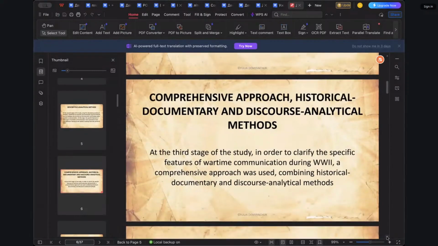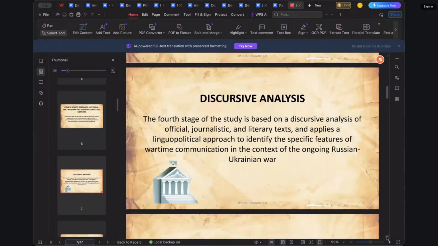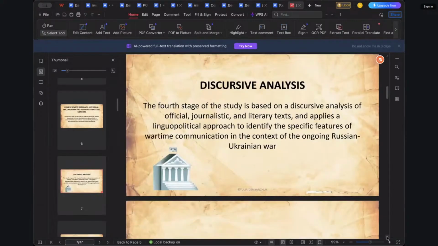The third method was a comprehensive approach, combining historical documentary and discourse analytical methods. On this stage, it was also important in order to clarify the specific features of wartime communication during the Second World War. And discursive analysis is actually the last method I will propose.